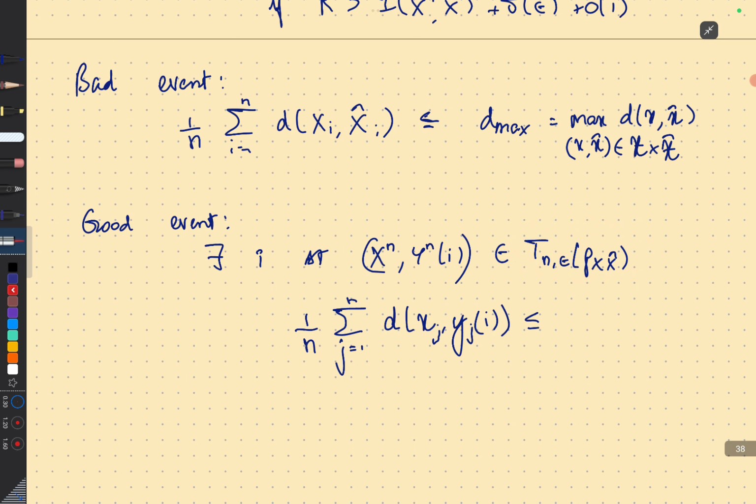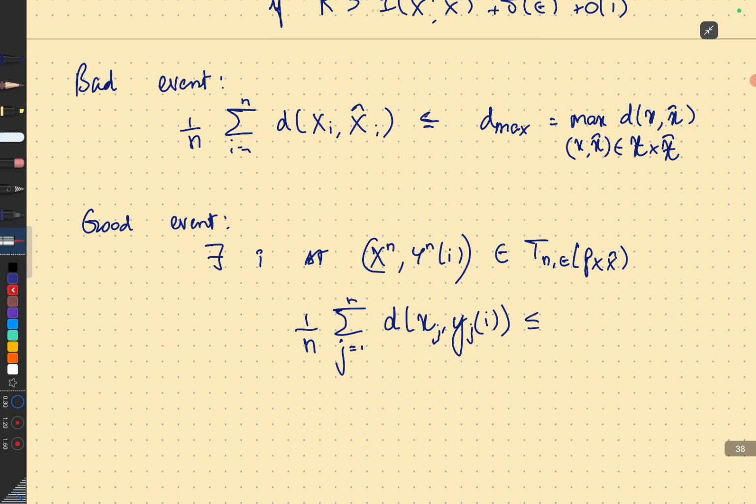What can you say about this quantity? So there is at least one i for which this happens, right? At least one code word in the code book which is jointly typical with x^n.